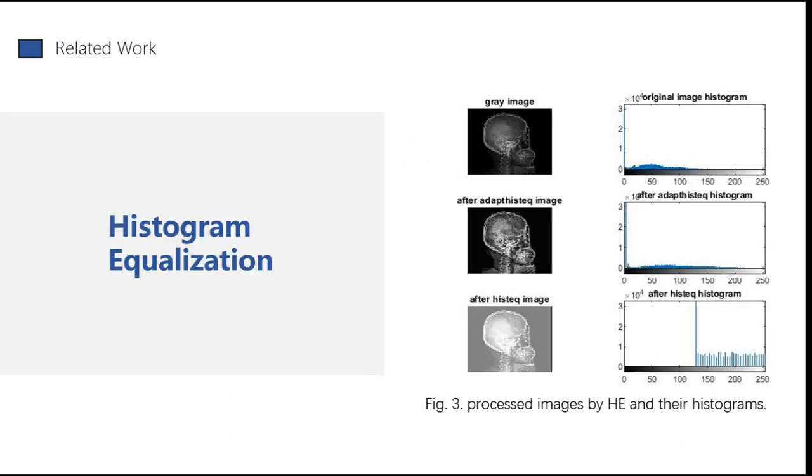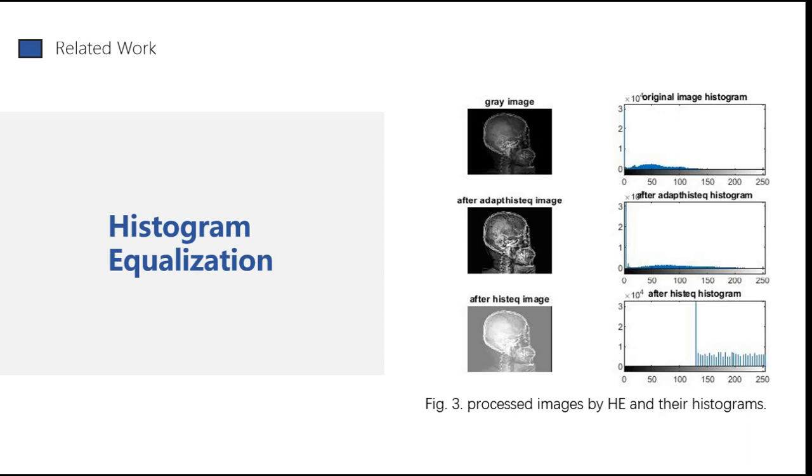Histogram equalization aims to find a gray level transformation relation so that the occurrence probability of gray levels of transformed gray images is the same or similar. According to mathematical theory, the cumulative distribution function can be used as the transformation function to produce an image with uniform distribution of gray level.